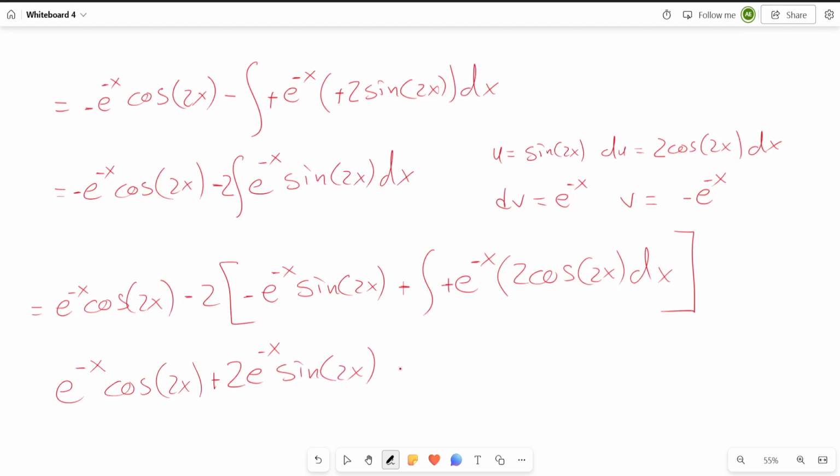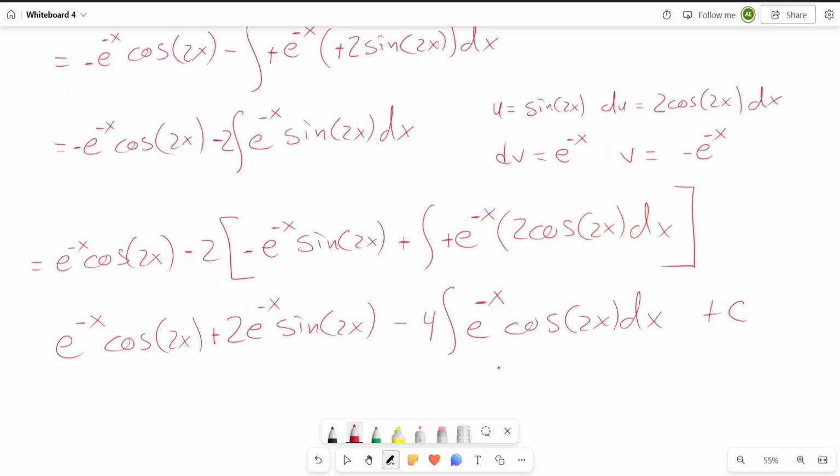Negative 2 times that is going to be minus 2 times the integration of e to the power of negative x. However, I have another 2 over here, so I'm going to multiply it to that 2. So this is going to be 4 e to the power of negative x cosine 2x dx plus c.